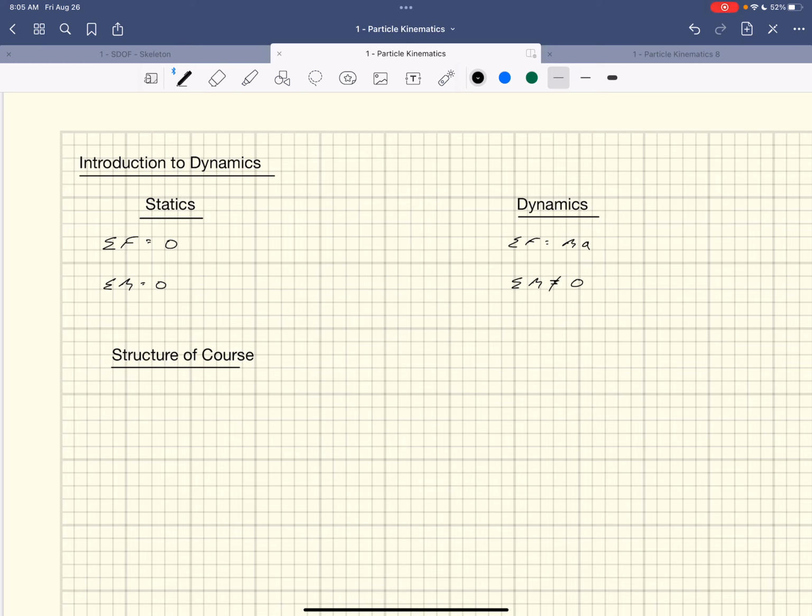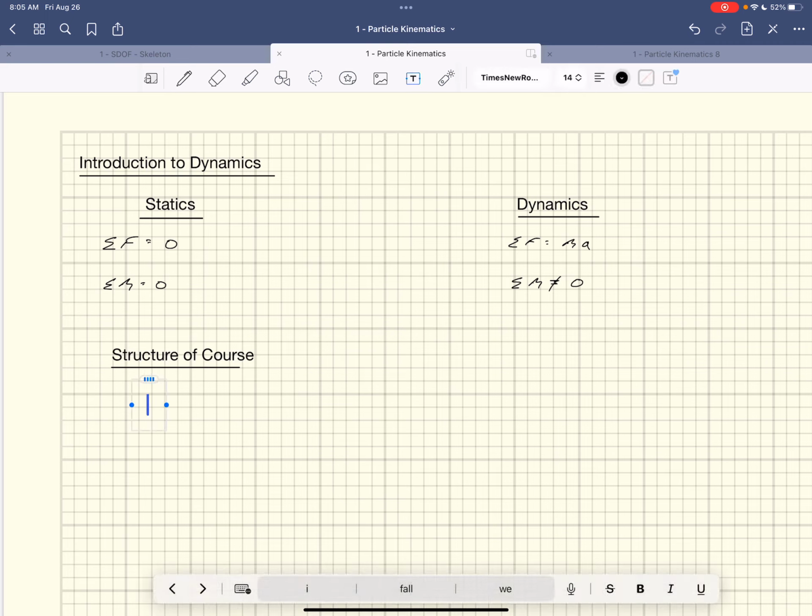One thing that I try to do in this class, it is a difficult topic, so I try to make it as structured as possible. A very clear, concise path forward, okay? The first thing we're going to cover, very procedural the way we do it, is particles.